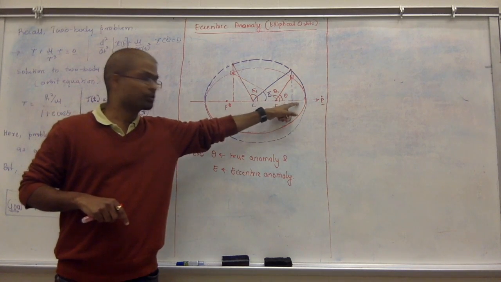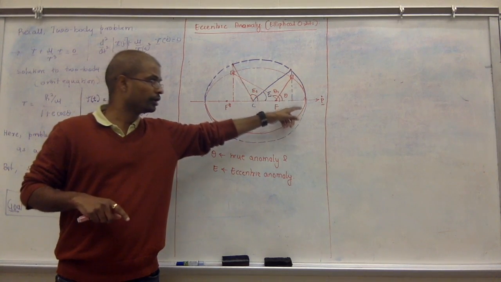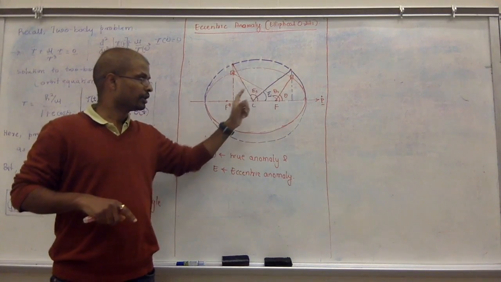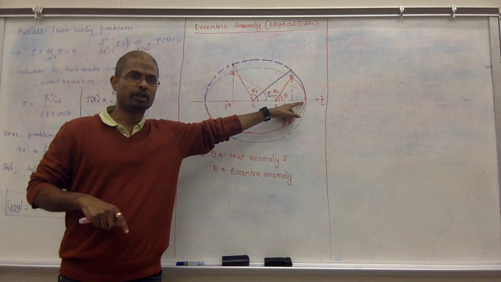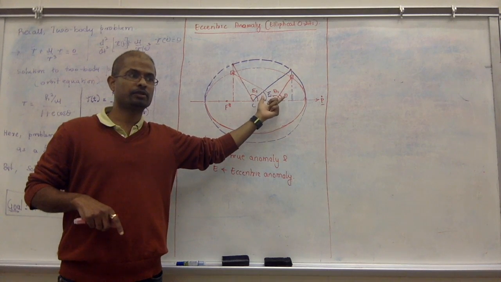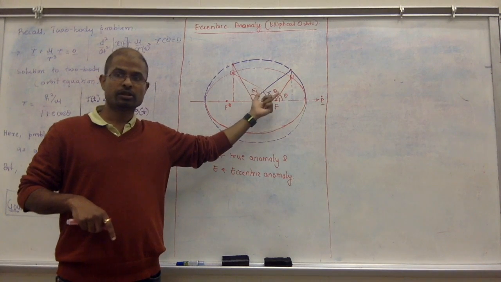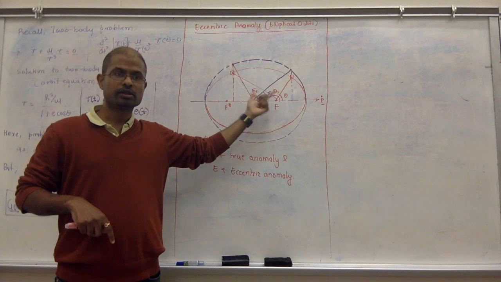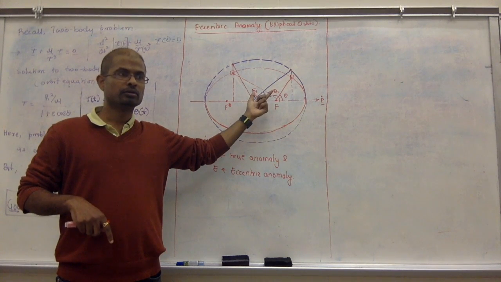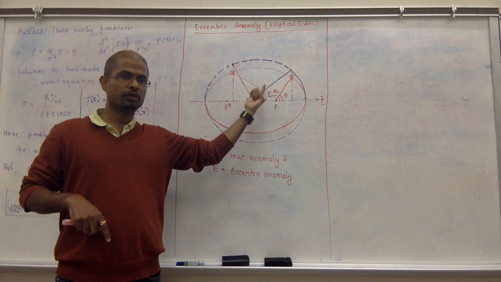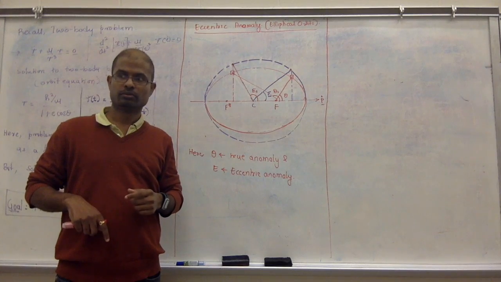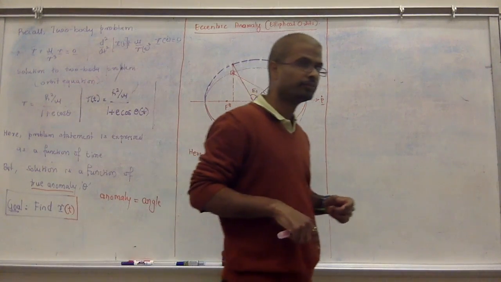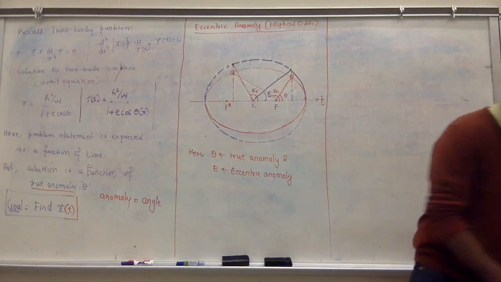For an ellipse, the radius is changing, so you cannot easily express that as a function of time. But for a circle you can, because the radius is the same, so the velocity is the same. It is a very simple function of time. We'll get to that.